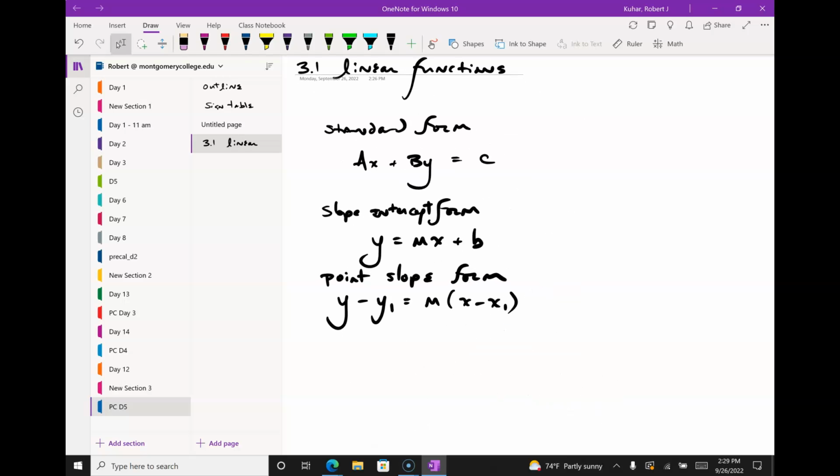So I should be able to convert these from one to the next with no issue at all. I have to always be able to find the slope, right? I should always be able to find the y-intercept. I guess I should be able to find the x-intercept as well. But that's pretty much it.